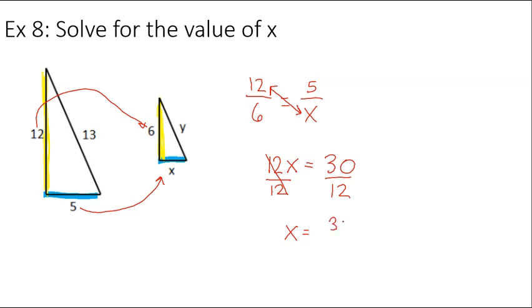So I get x equals 30 over 12. But I could reduce this a little bit more, so I'm going to reduce it by 6. So 30 divided by 6 is 5, and 12 divided by 6 is 2. So I'm going to say x equals 5 over 2.